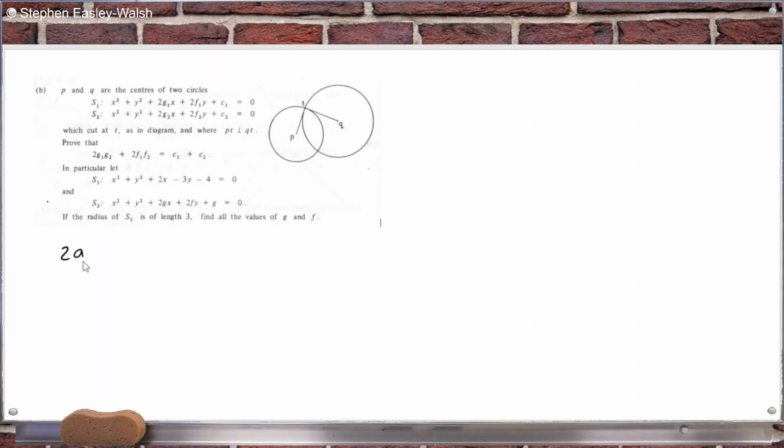So that's going to be 2g1 minus 2g2 x plus 2f1 minus 2f2 y plus c1 minus c2 equals 0. So, it's close. We'll have to do something about the x and the y for sure. But what?